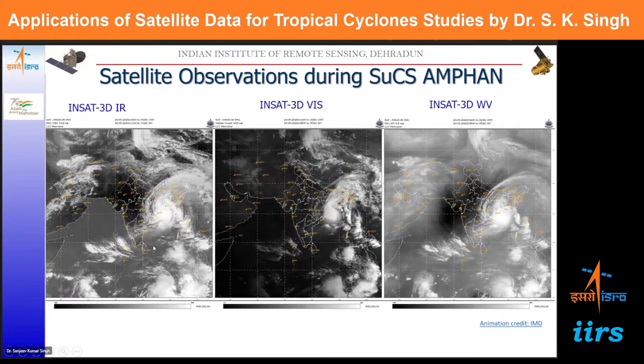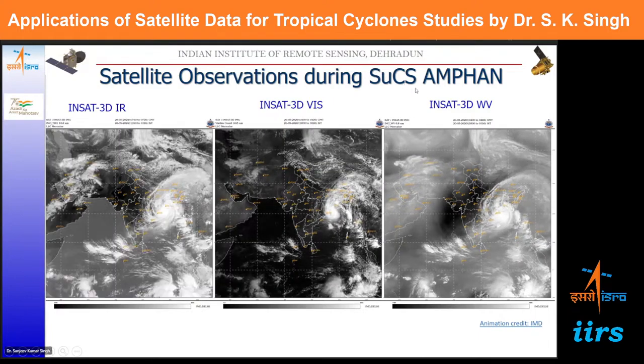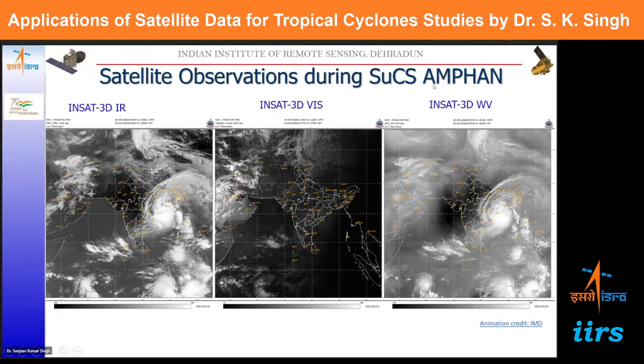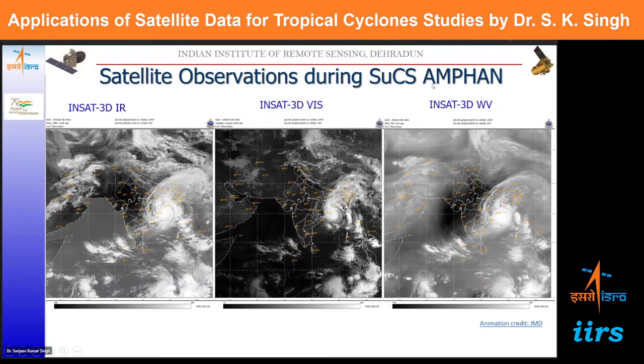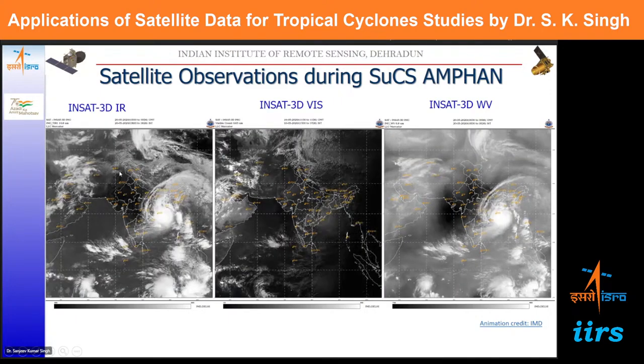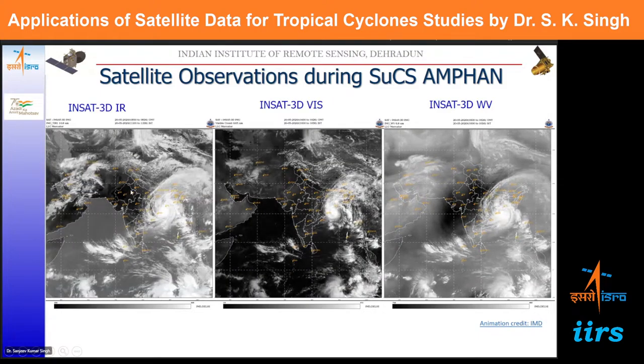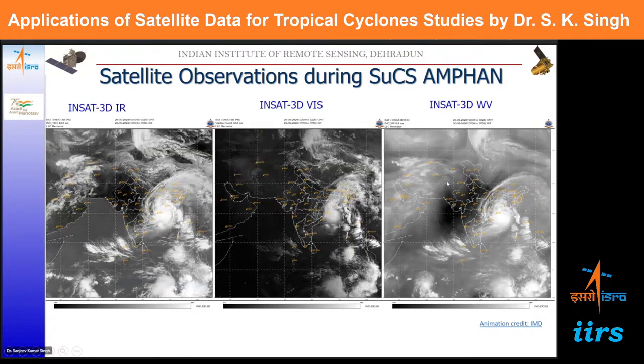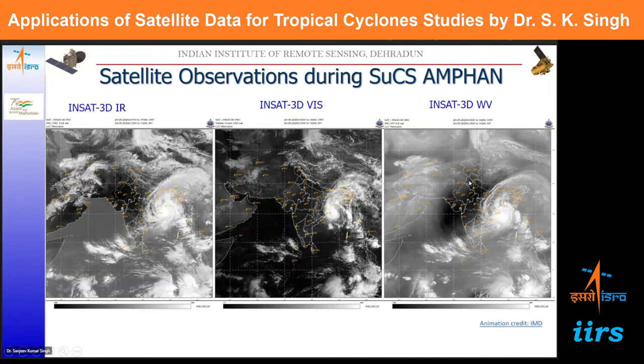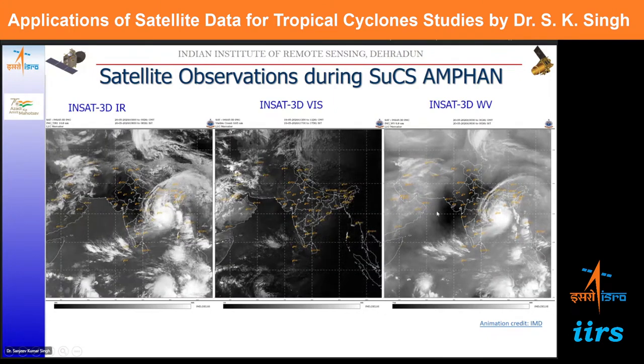This is the animation of super cyclone Amphan, which formed over the Bay of Bengal region. You can see the inset 3D image, the IR image, the middle one is the visual image, and the right panel shows the water vapor.